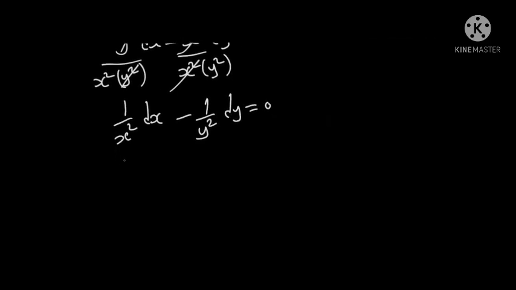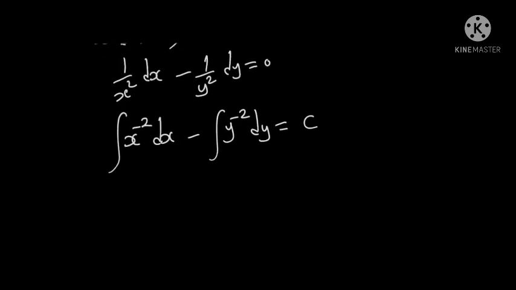Let's integrate both sides. So we have the integral of 1 over x squared, which can be written as x to the power minus 2 dx, minus the integral of y to the power of minus 2 dy equals constant c. So this one gives us minus x to the power minus 1 minus minus y to the power of minus 1 equals c.